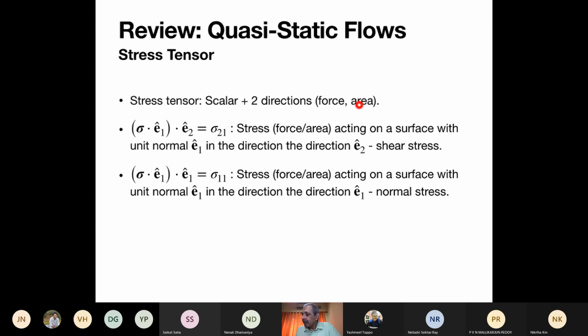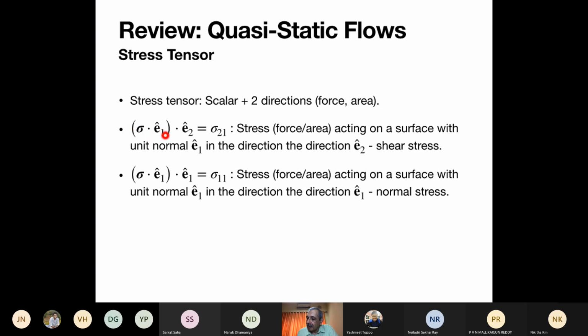So at any given point, we can define one direction for the area and one for the force that is acting. And stress is just force per unit area. And we saw last time that if we do sigma dot E1, that will give us the force per unit area acting on a surface with a unit normal E1.